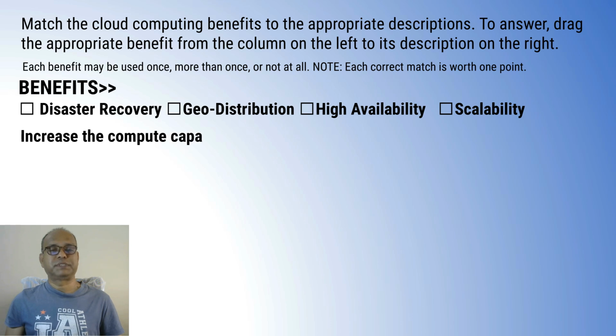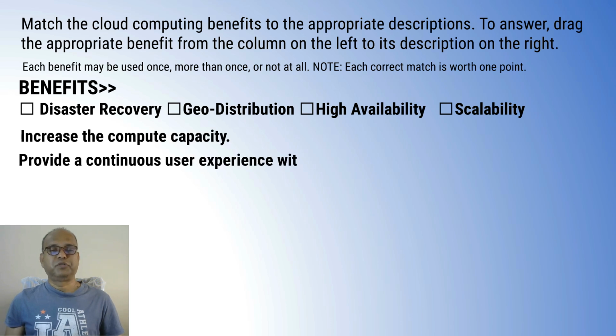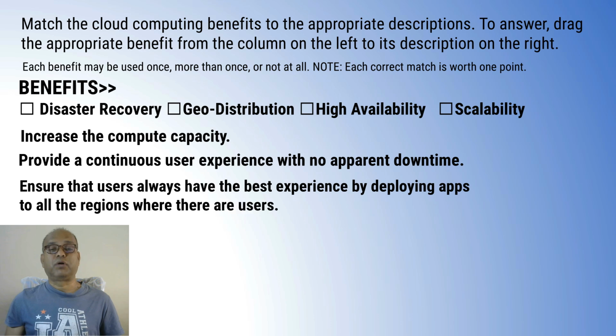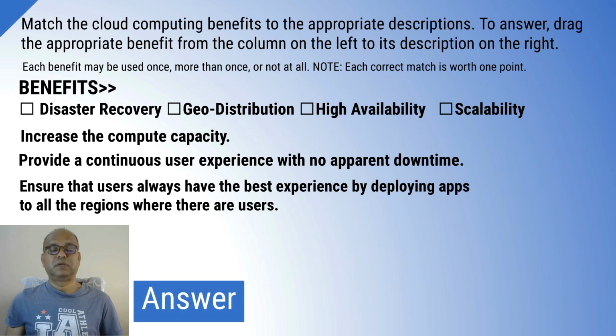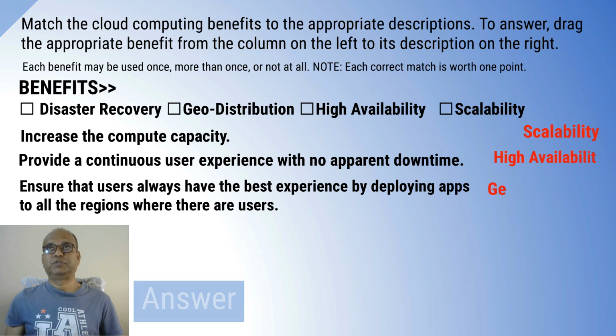Descriptions: increase the compute capacity; provide a continuous user experience with no apparent downtime; ensure that the users always have the best experience by deploying apps to all the regions where their users are. Answer: the correct answer is scalability, high availability, geo-distribution.